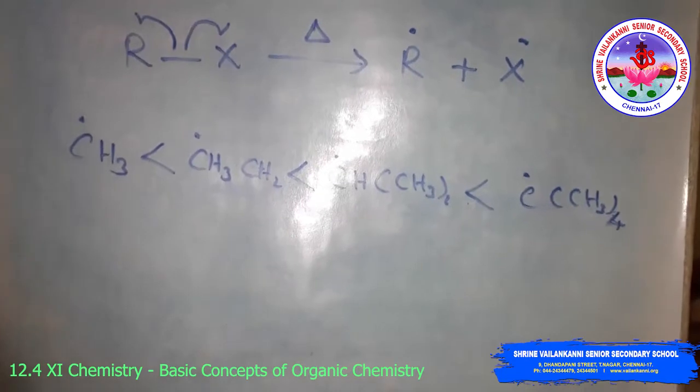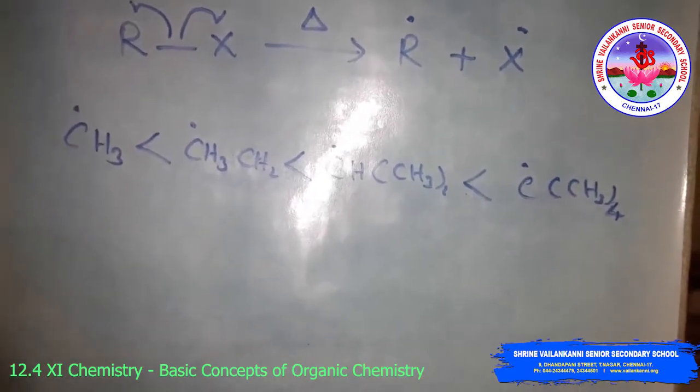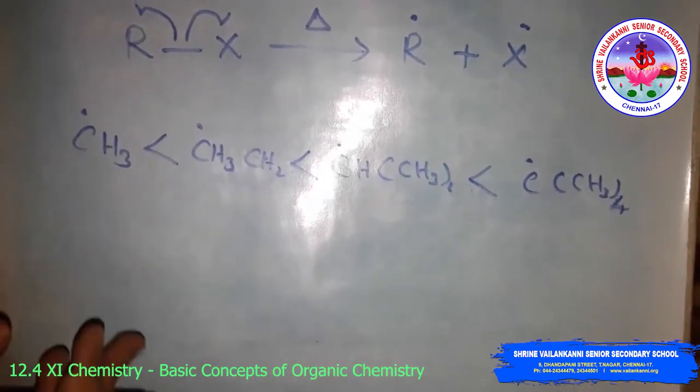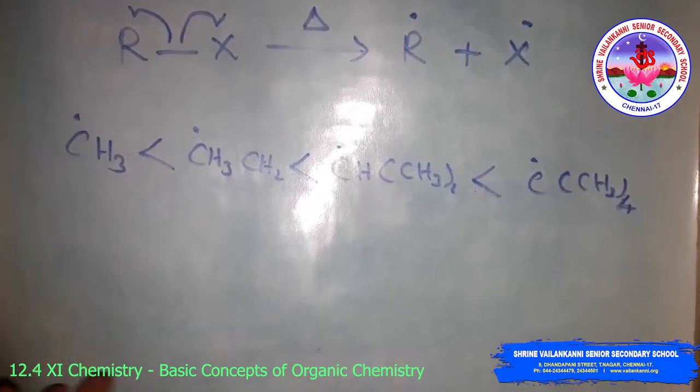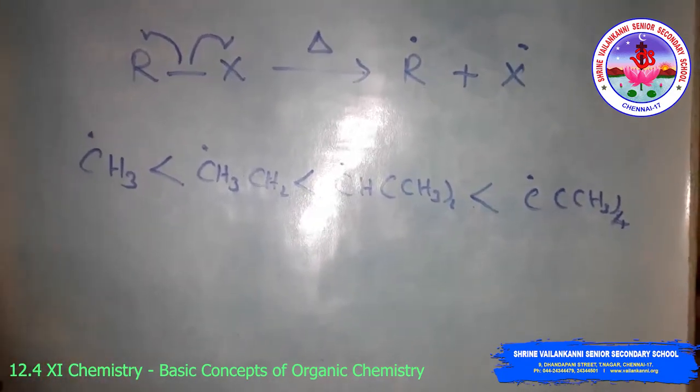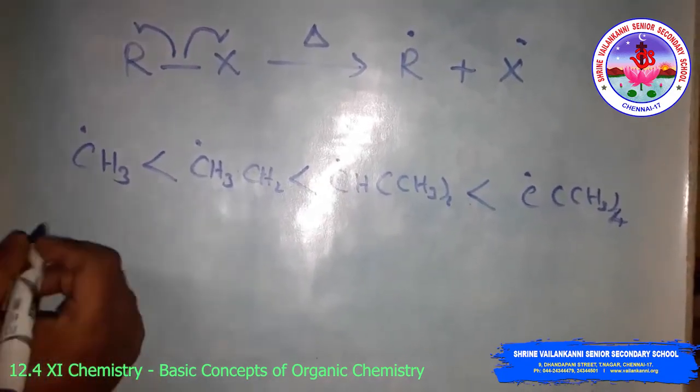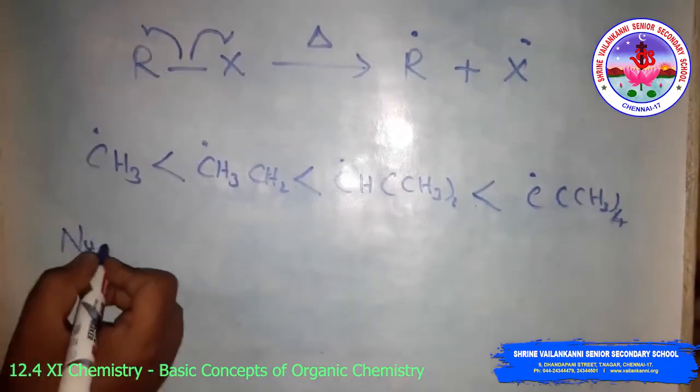So the organic reactions which proceed by homolytic fission are called free radical reactions, or homopolar, or non-polar reactions. Next are nucleophiles and electrophiles.